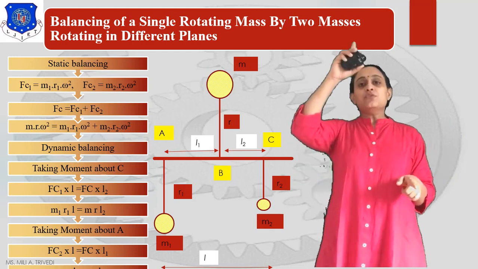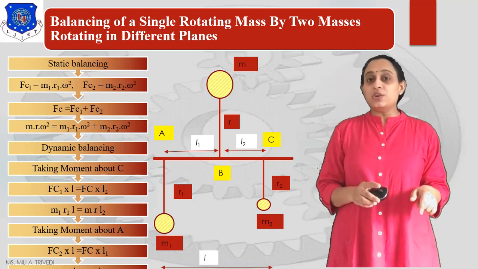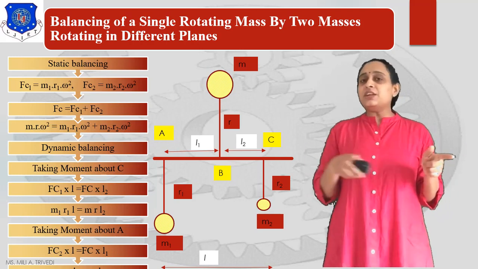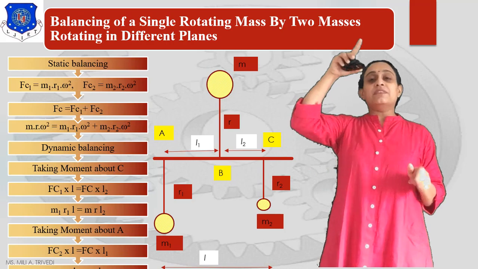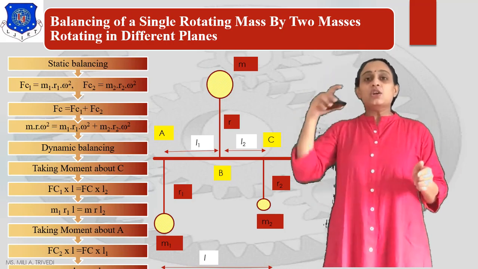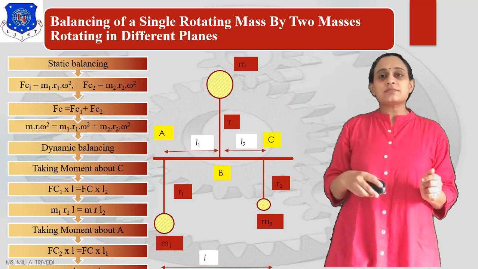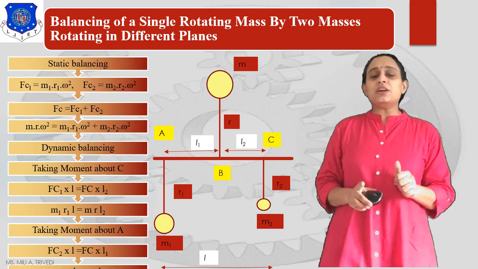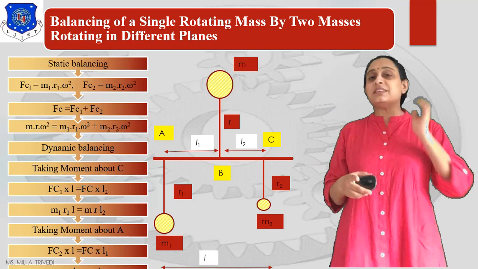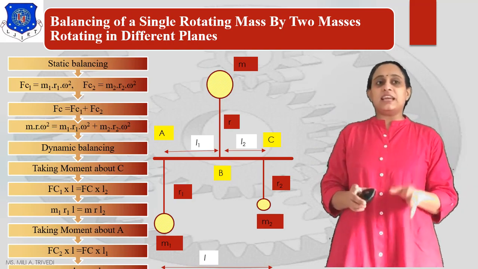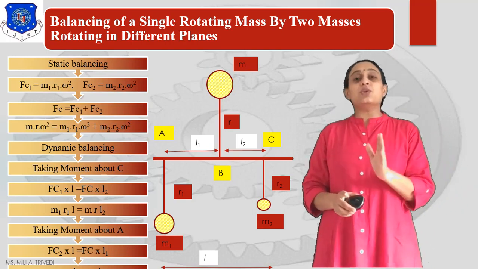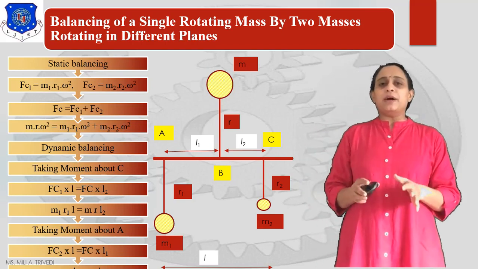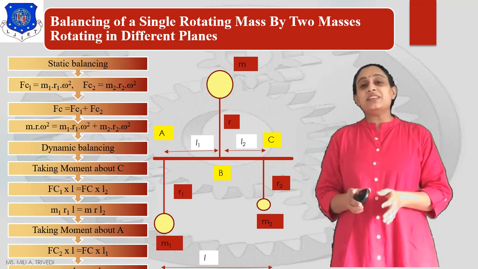Now the force Fc only with respect to the mass m. So Fc1 into L should be equal to the force Fc into the perpendicular distance with respect to C. It means L2. So we can say Fc1 into L is equal to Fc into L2. Now let us take moment about A. So what should be the value?